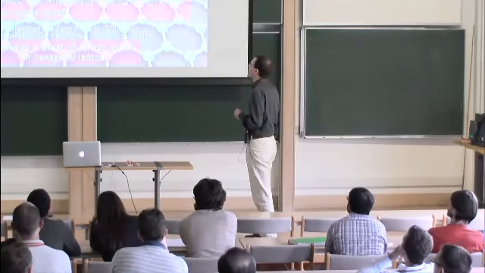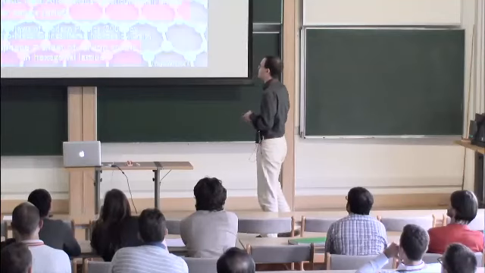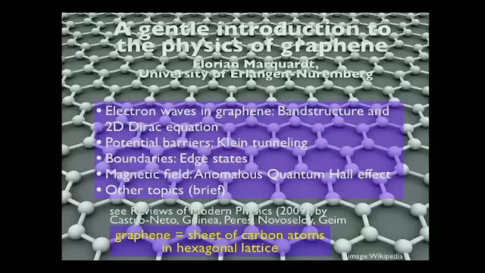Now, let me give you an outline of what I'm going to discuss. I will first start with the most basic information about electron waves in graphene. That is, what does the band structure look like, and where does the Dirac equation come in?